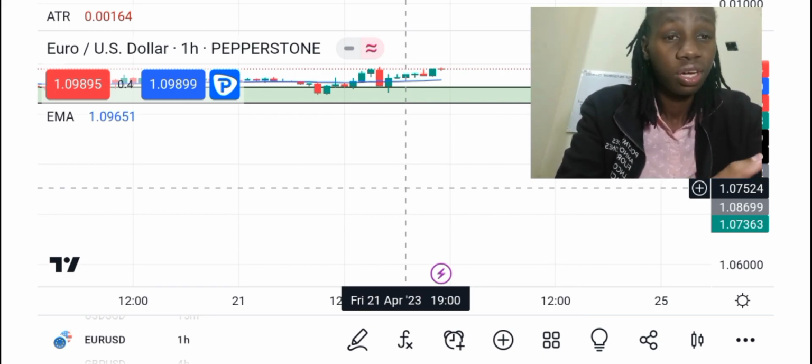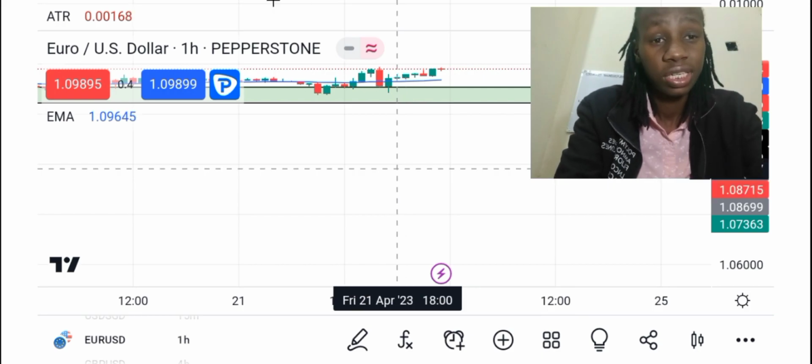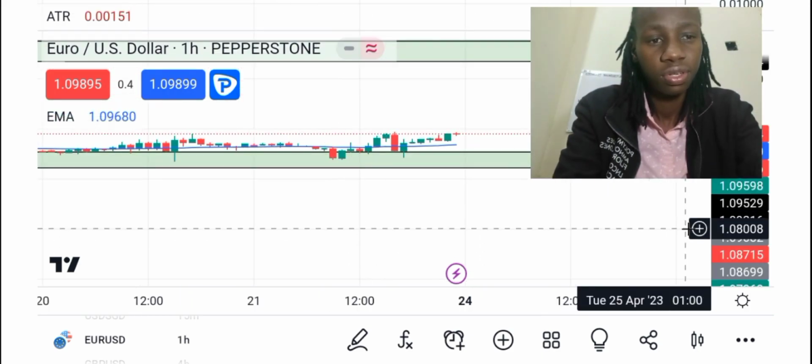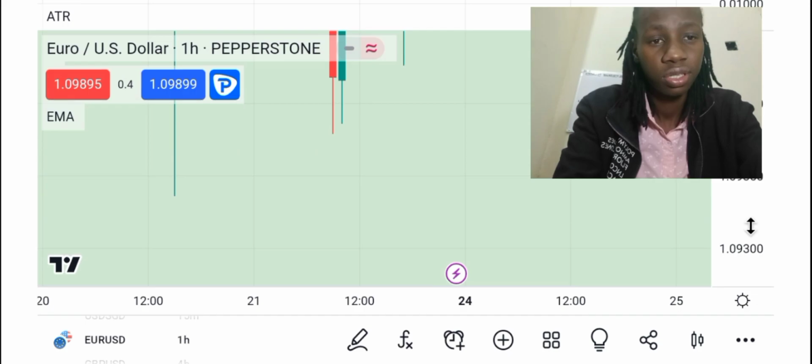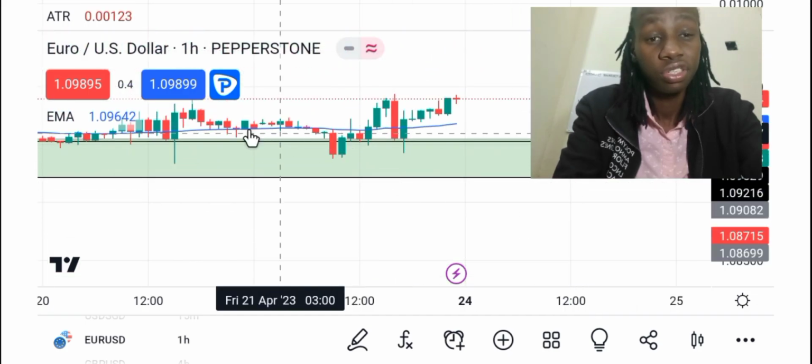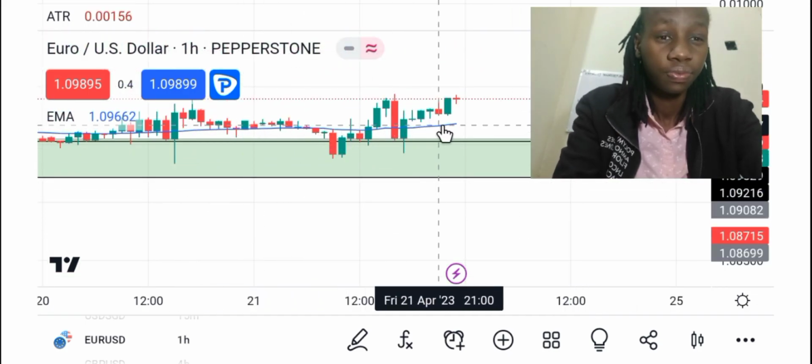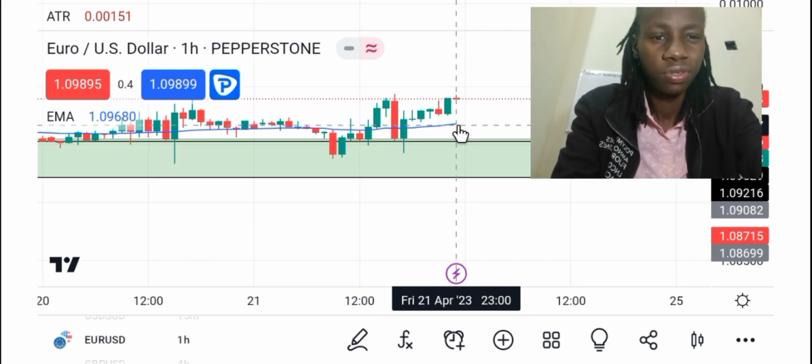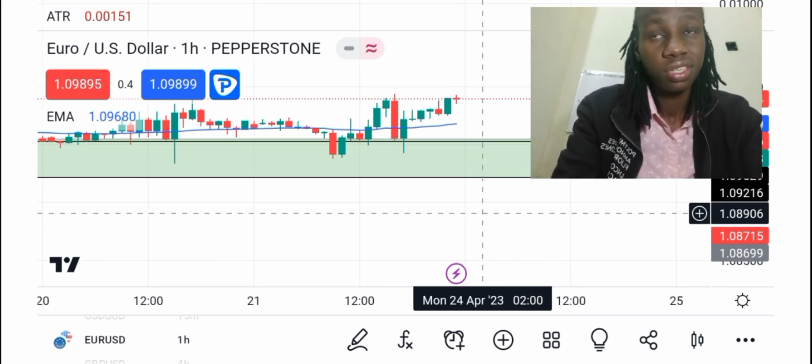ATR gives you the average movement of 14 candles. As you can see here, around 14 candles, the average movement of 14 candles. That is what the ATR gives you. So for beginners, I can advise you to trade currency pairs with an ATR of below 20.